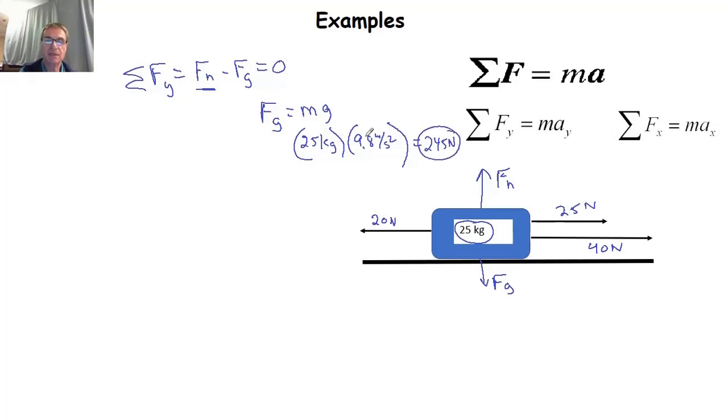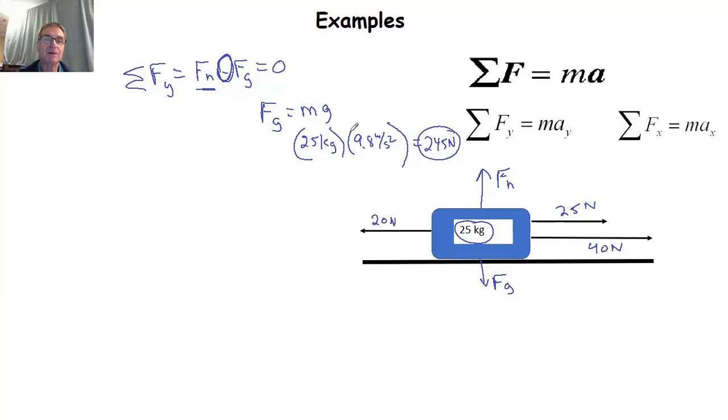Now, notice I did not put a negative sign in front of the 9.8 meters per second squared. I didn't do that because we already incorporated the negative sign up here in our equation. If I had simply put a positive sign in the equation up there, then I would have to incorporate the negative sign in the 9.8 meters per second squared. So make sure you don't double count a negative sign. So the force due to gravity is 245 newtons.